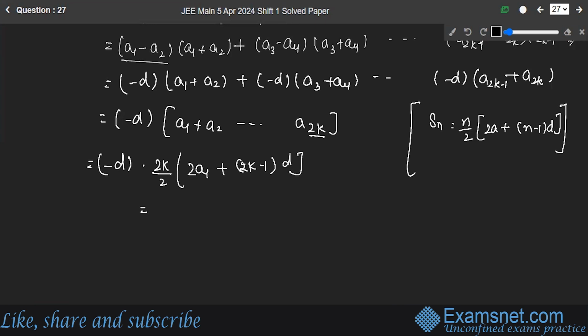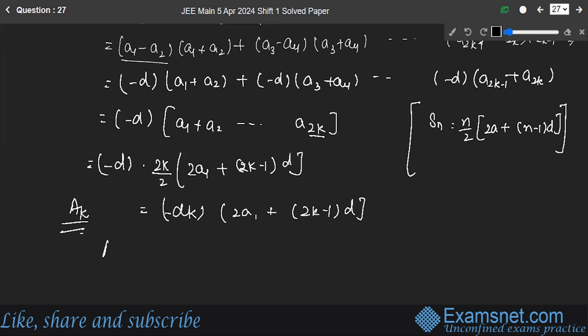This is equal to minus, the 2 and 2 will cancel. So this will be minus d k into 2a1 plus (2k minus 1) d, right? So this is your general term AK.